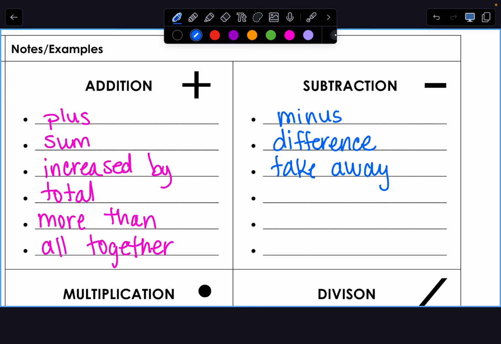Fewer than, that's a good one. So I'm gonna actually change this to less than, okay, because we're gonna see that one more than we're gonna see fewer than. And I'm gonna put a star by it. I'm also gonna put a star by subtracted from.